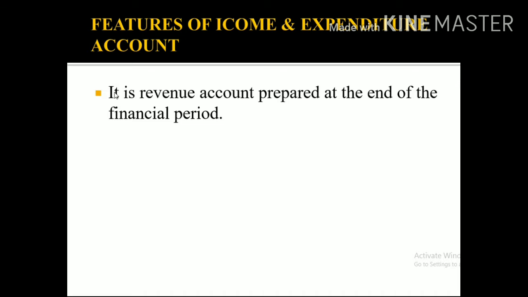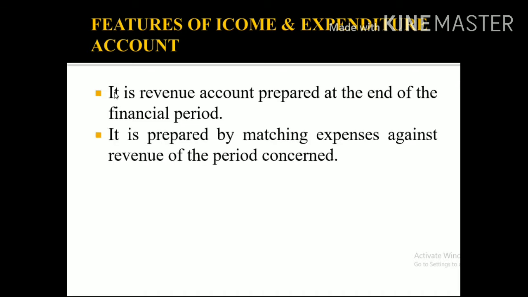Point number 2, this account is prepared by matching expenses against revenue of the period concerned. What is more important is that the expense and the revenue should belong to a particular period. It is prepared once in a year. We are going to match one year of expenses with one year of revenues, and it should be the same period.